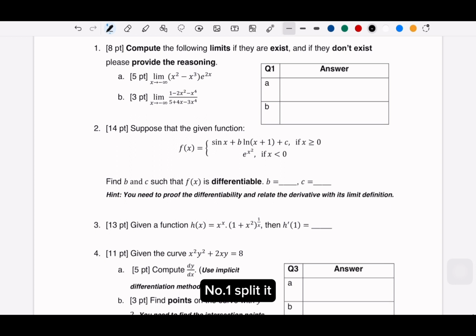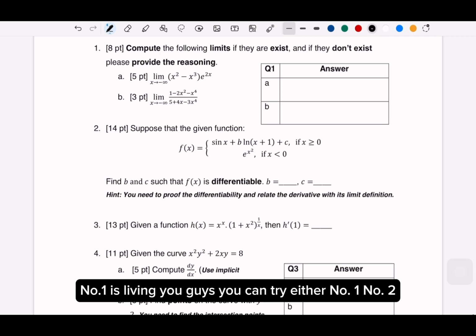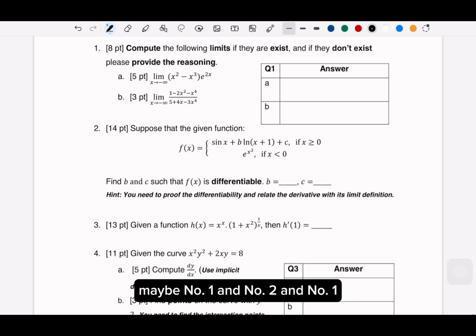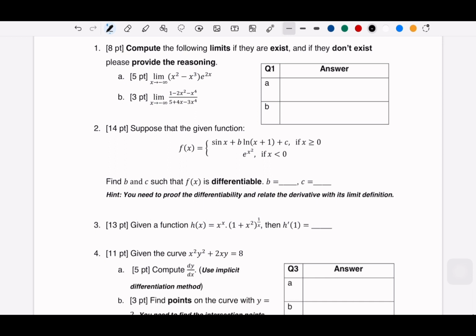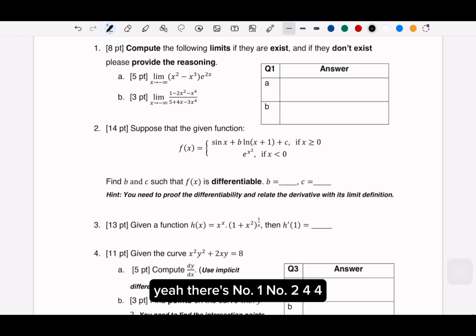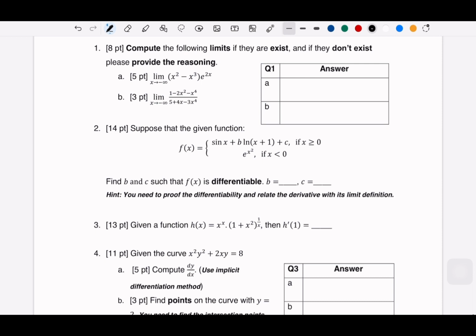Number one is limit. You can try either number one, number two, maybe number one and number two. And then number three is crazy, right? Yeah, this is number one, number two for now. Okay, you can try first.